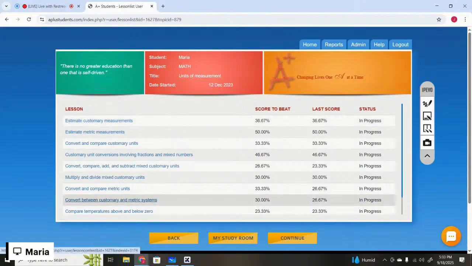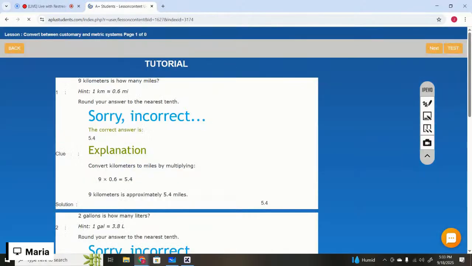Convert between customary and metric systems. 9 kilometers is how many miles?